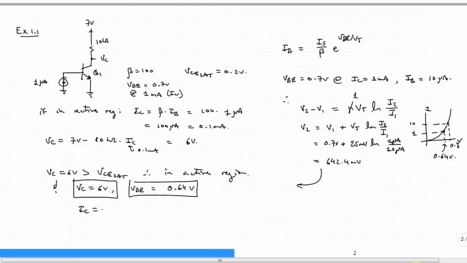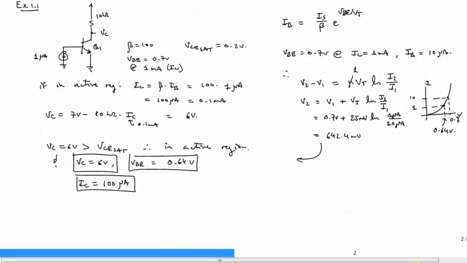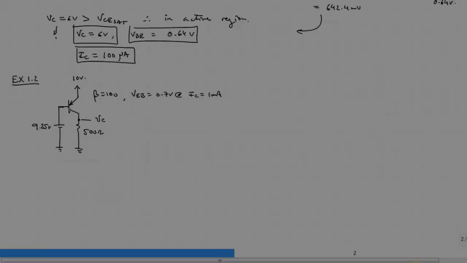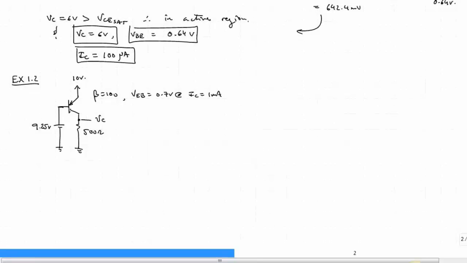IC is equal to 100 microamps. Let's look at a second example. In this problem we have a PNP transistor, and instead of having a current source connected to the base, we have a voltage source.